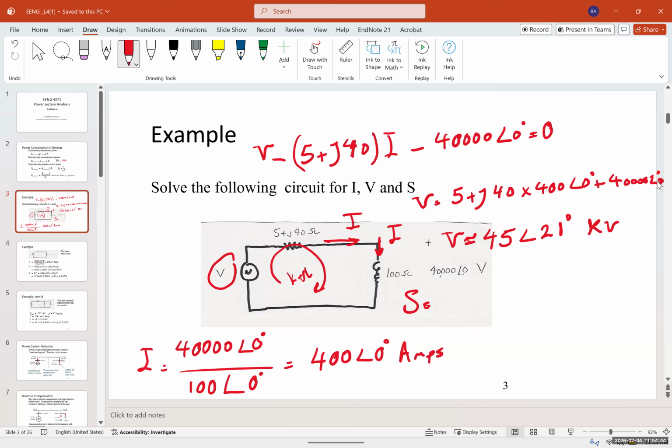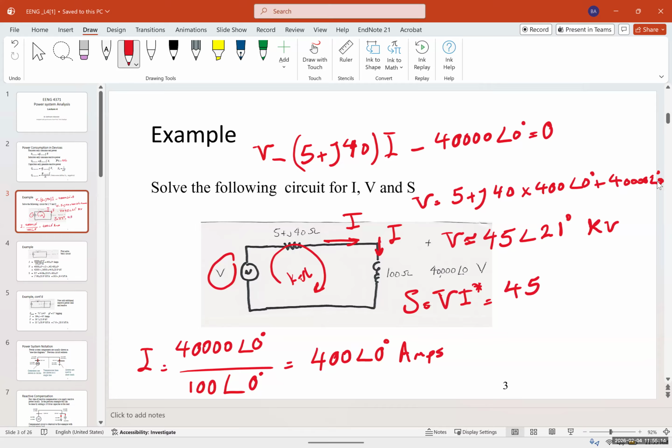Okay. And what about S? S is going to be equal to VI conjugate, or VI. We want to find, again, the consumption power. So it's going to be equal to 44 point, or 45, you round it up.